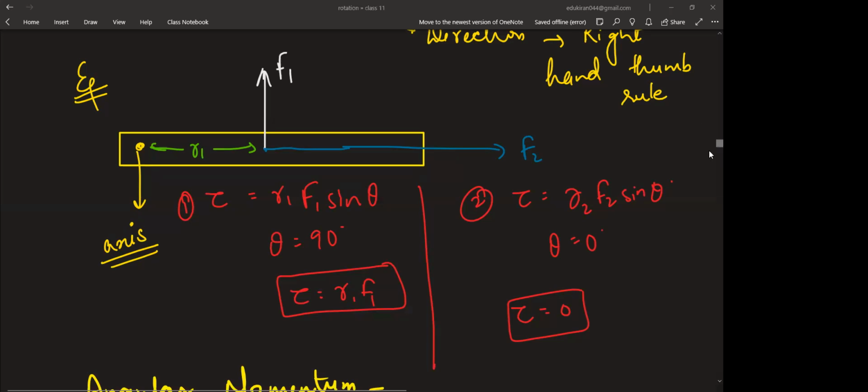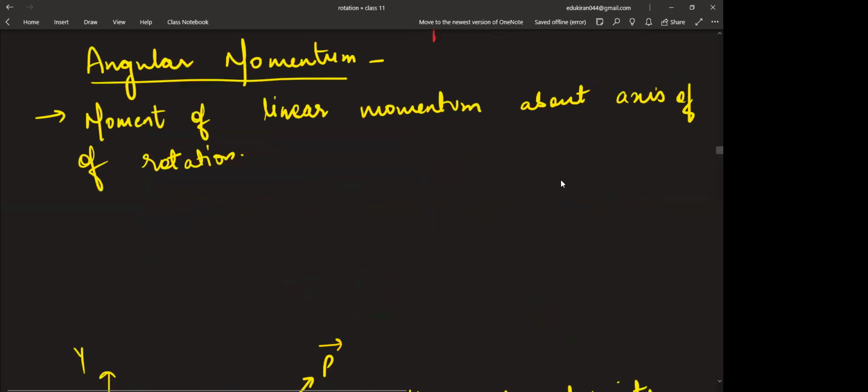Okay, class. The next topic is angular momentum. What is angular momentum? It is linear momentum in terms of rotation. Linear momentum is for the translational, straight line part, and angular momentum is for the rotational part. It is the moment of linear momentum about an axis of rotation.